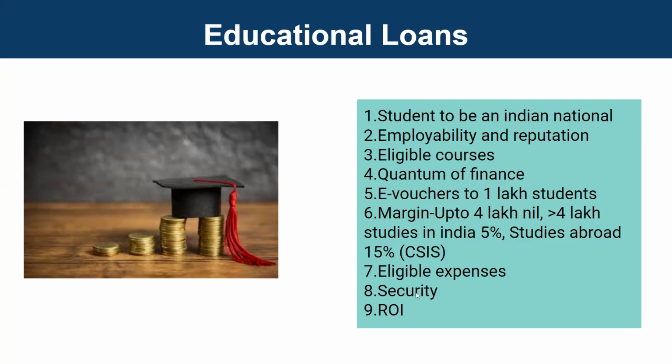So what about security? Up to 4 lakhs, there is no security. But up till 7.5 lakhs, we are supposed to take a third party guarantee. Above 7.5 lakhs, apart from the third party guarantee, we should also take some tangible collateral security when it is crossing 7.5 lakhs.